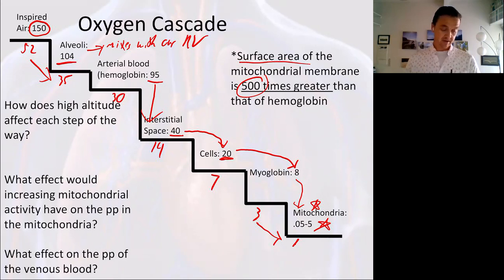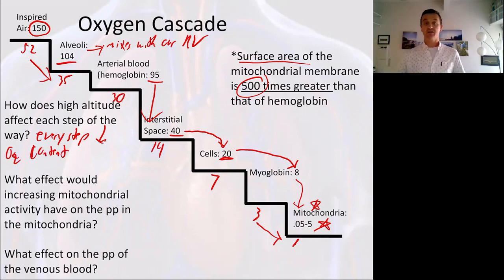Because every step along the way decreases O2 content. Every single step results in lower oxygen content. So what does that do? That eventually means less O2 in mitochondria. And what does that mean?